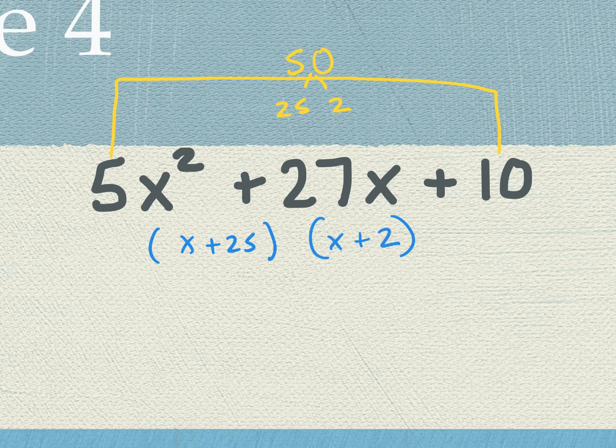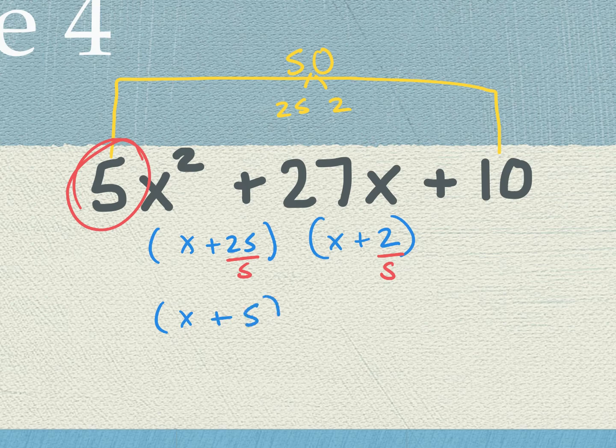What do I have to do next? You have to now bring the 5 to distribute into it. So since I started by multiplying, I have to go back in and divide by 5. What's 25 divided by 5? 5.